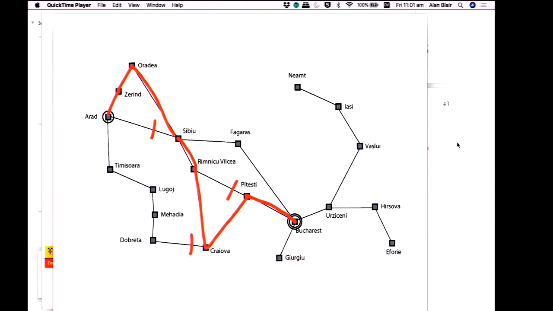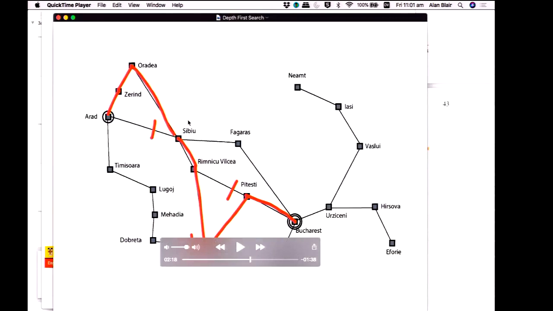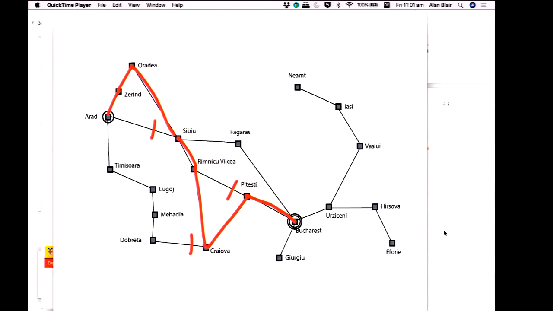So the only things I have to remember are the sequence of cities along the path that I'm currently considering. For each of those cities, I have to remember all the paths, all the tunnels coming off that city, and among those which ones I've explored and which one I haven't explored. That's the only things I have to remember.